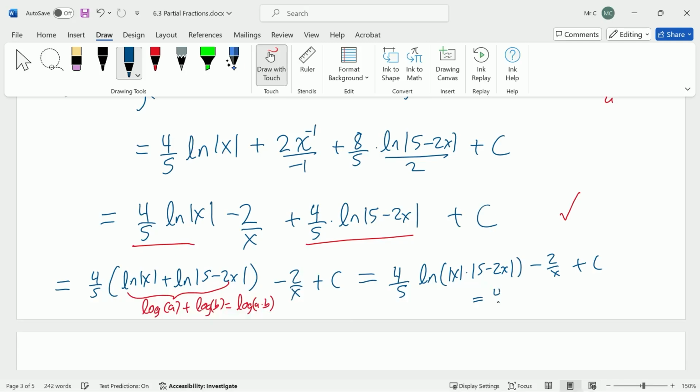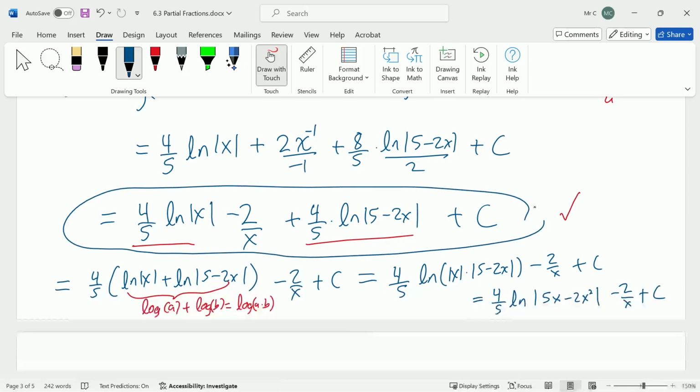And the last thing I'll do here, when we have the absolute value of two numbers, we can multiply those together inside the absolute value. So I distribute that x and I get 5x minus 2x squared, minus 2 over x plus c. Again, totally fine with this answer, but because I know you're going to see this kind of solution pop up for these types of problems, just wanted you to be aware that that can happen.